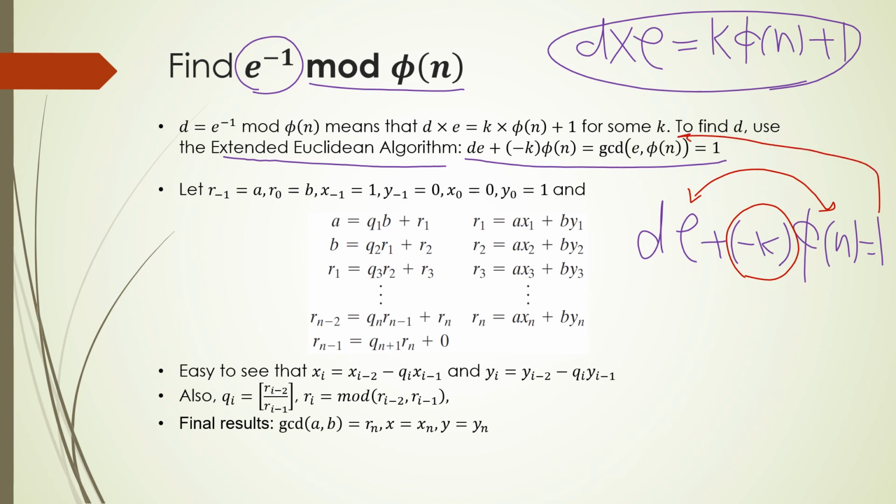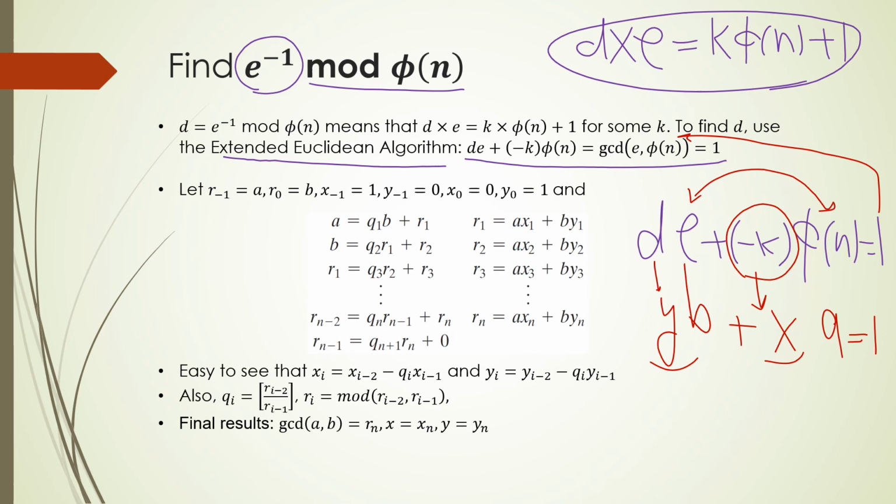And in number theory, there's an algorithm that can calculate the value of d and the value of negative k given the values of e and phi of n, if 1 is equal to the greatest common divisor of e and phi of n. So let's consider e to be b, phi of n to be a, negative k to be x, which is the coefficient of a, and d to be y. So I'm just going to calculate the value of x and y. Mostly, I don't care about x, I just care about y.